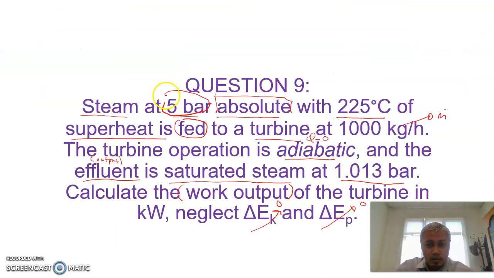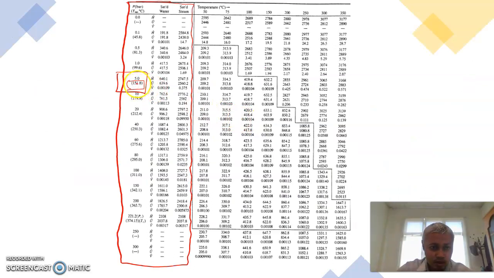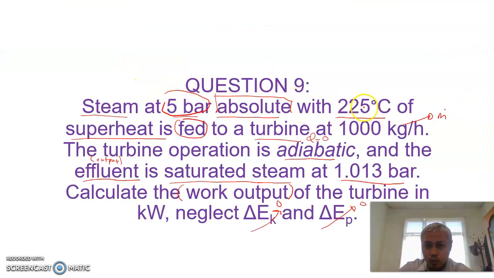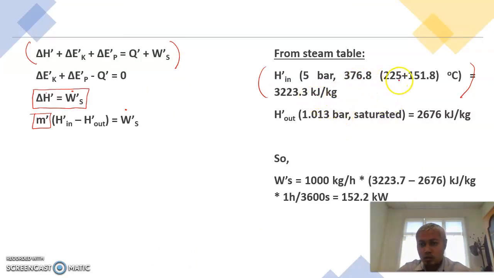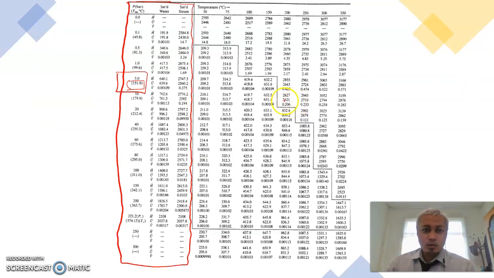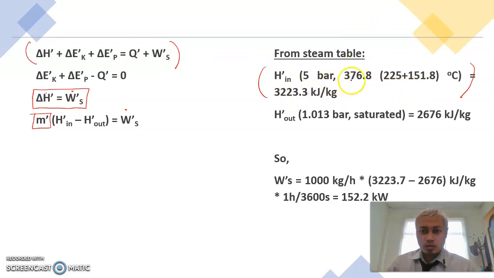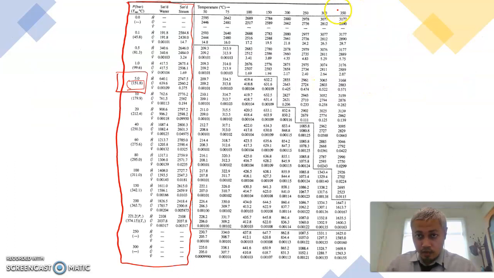We have the info that steam at 5 bar absolute with 2 to 5 degrees C of superheat. In other words, we need to add both values, 151.8 with 2 to 5 degrees C. That's why in the solution we need to find 2 to 5 plus 151.8. We got 376.8. At 5 bar, how to do it? That means we need to do extrapolation because the value is 376.8. So here we have 350.